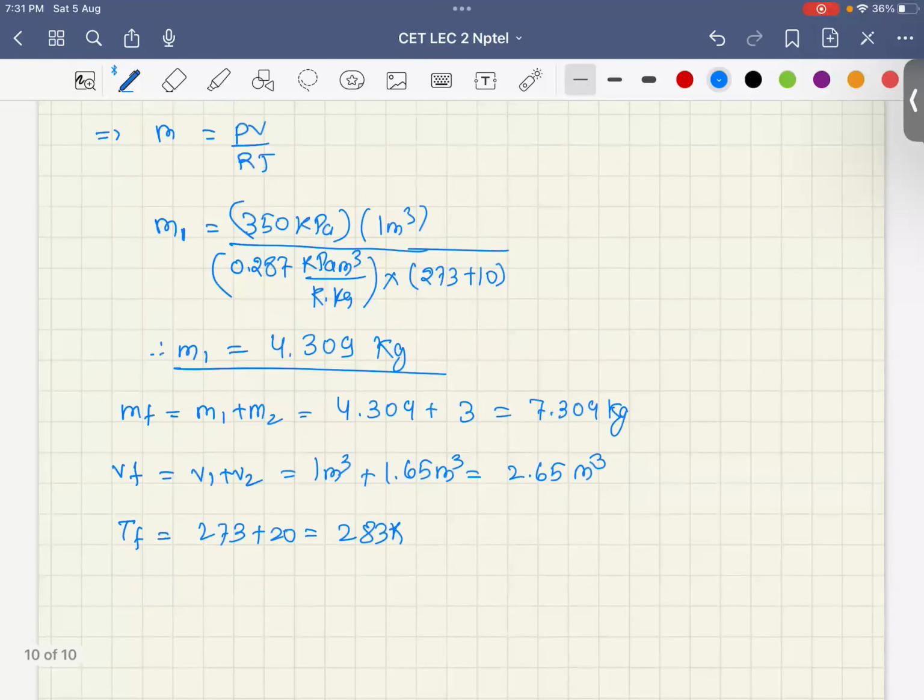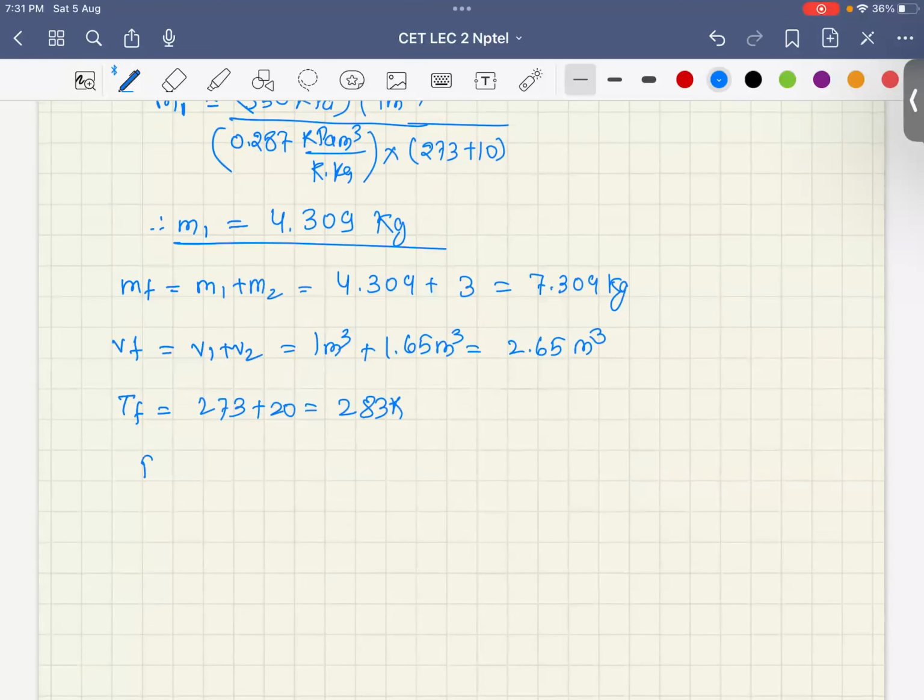So now PF VF is equal to mF R TF, right? So PF is nothing but mF R TF by VF.